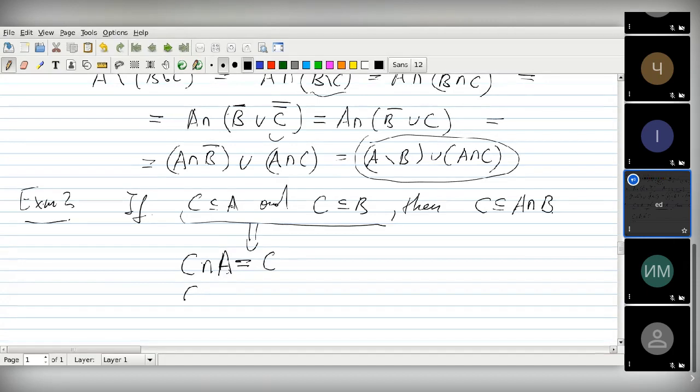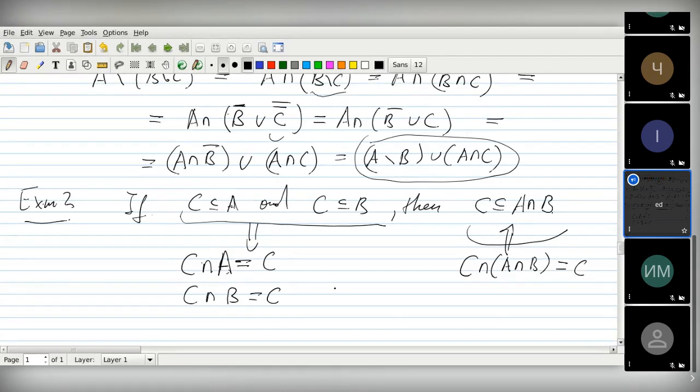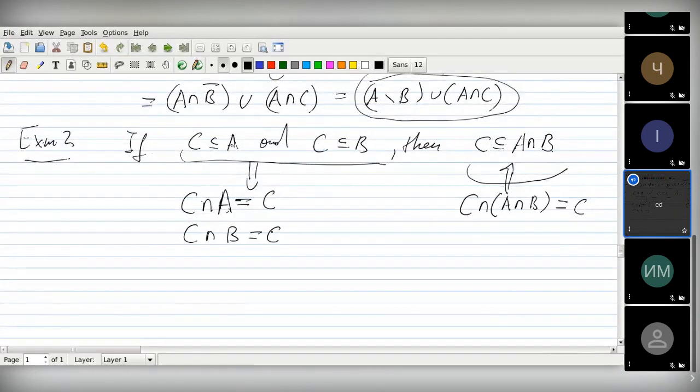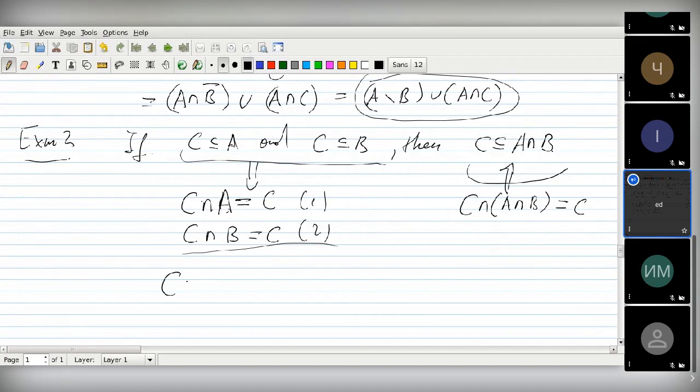Equals C. And likewise, the intersection of C and B equals C. And here I want that the intersection of C and this set equals C. Okay. And now I have the following. C equals C intersected by A. This is by my first equality. Is it clear?